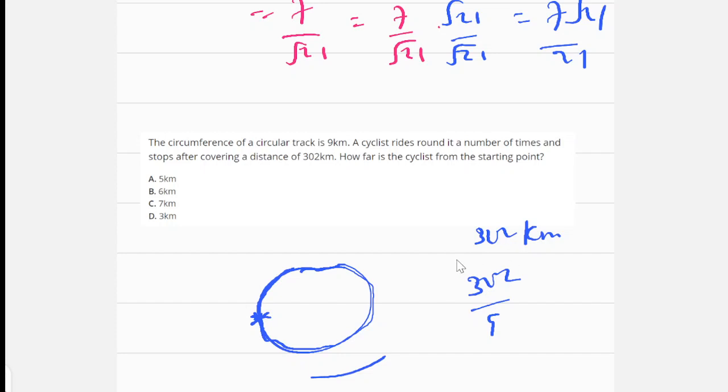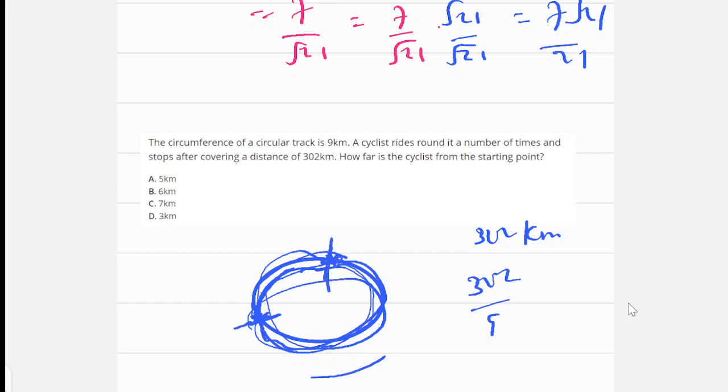If I cover 9, that is one round, and I will start from the starting point again. If this is the starting point, from here to here is 9, another here is 18, another here is 27. You will be having multiples of 9. But now we want to know where it stops. Maybe at the end of the day I stop here, then I must be able to know the distance between this point and the start. That's what you are asked to find out.